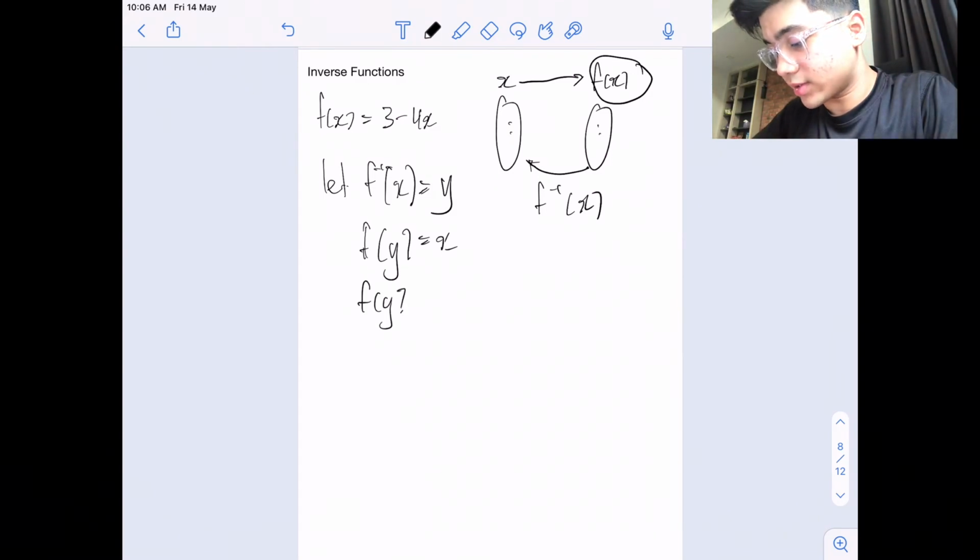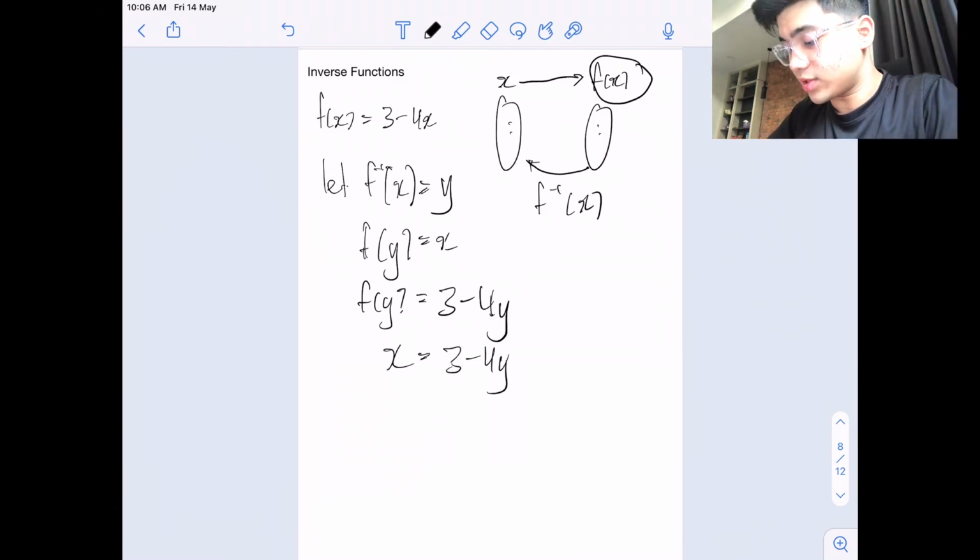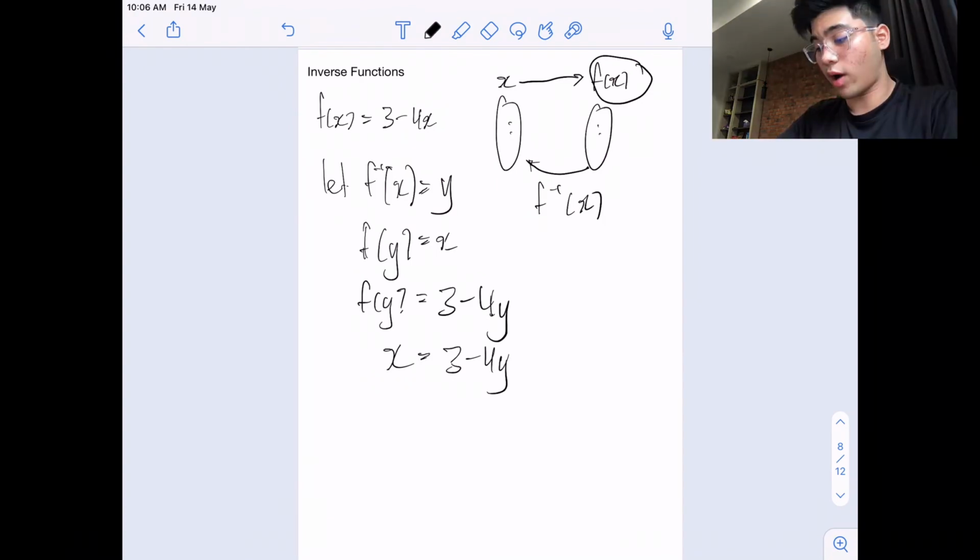Function y is the same thing as putting the value of y into f. Then you can equate this to x equals 3 minus 4y. Now you have to make y the subject.